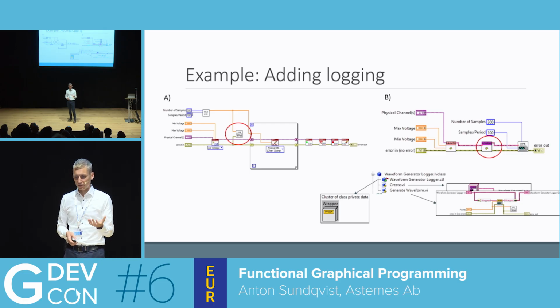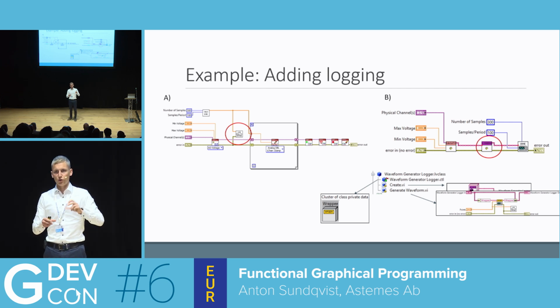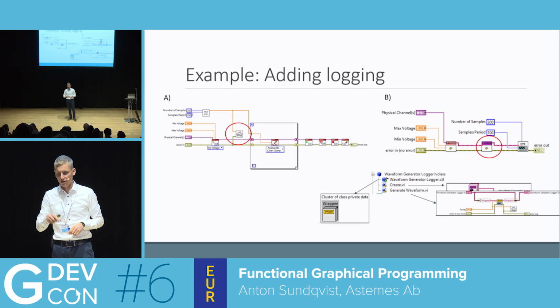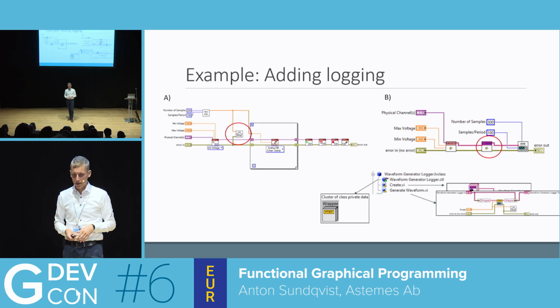So in this way we can add logging to it without changing anything in the code. And you can imagine that it's pretty easy now to turn the logging on and off. We just need to place a case structure around this constructor here. And then depending on what we choose, we can have it with or without logging. And well, these kind of ideas scale very well with composition and stuff.